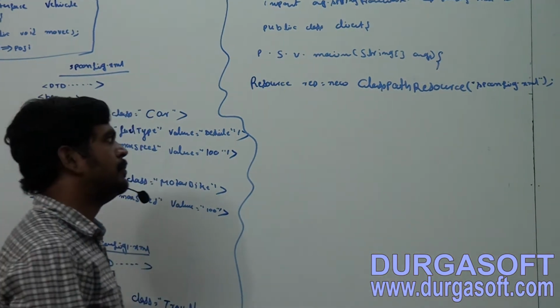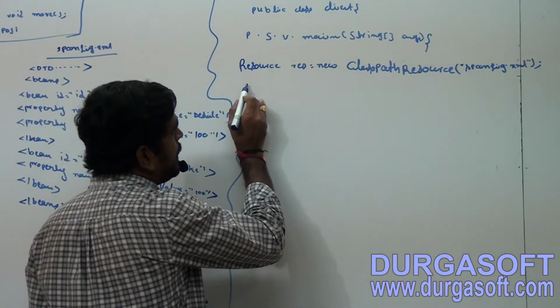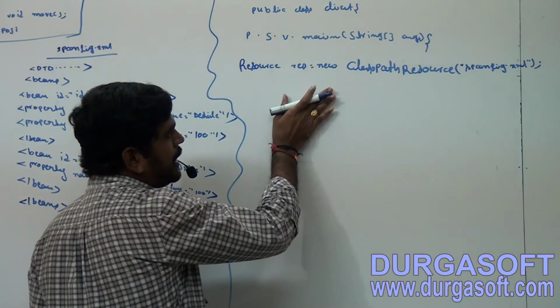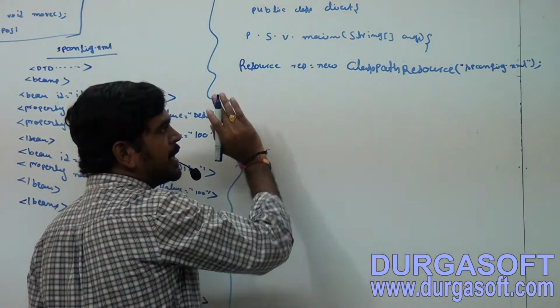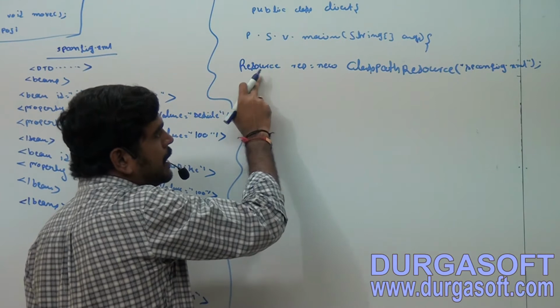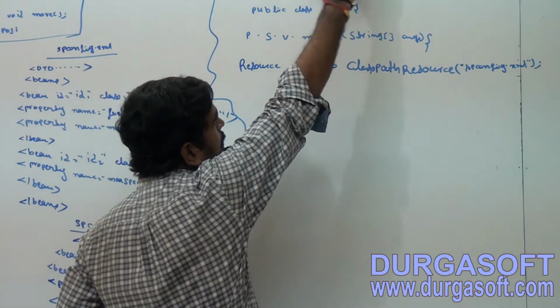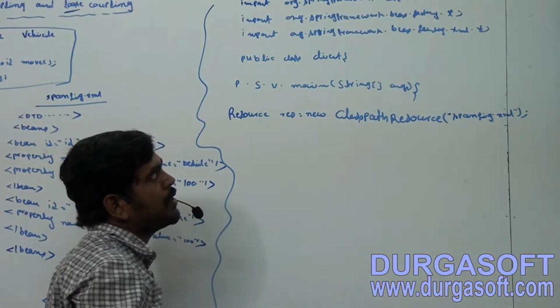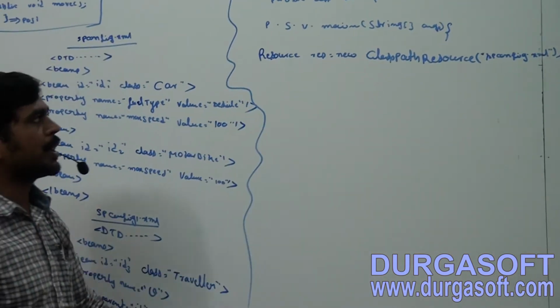After that, we can hand over this Spring configuration file to the container. Resource and ClassPathResource are both available in the core.io.* package. That is the reason I imported it.